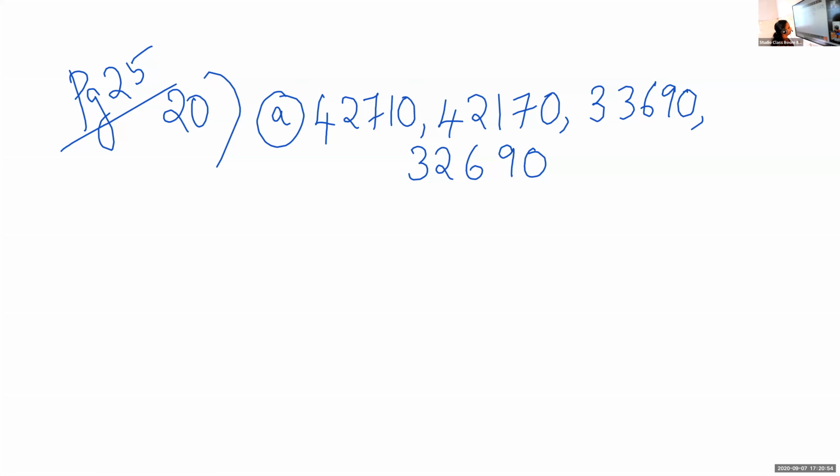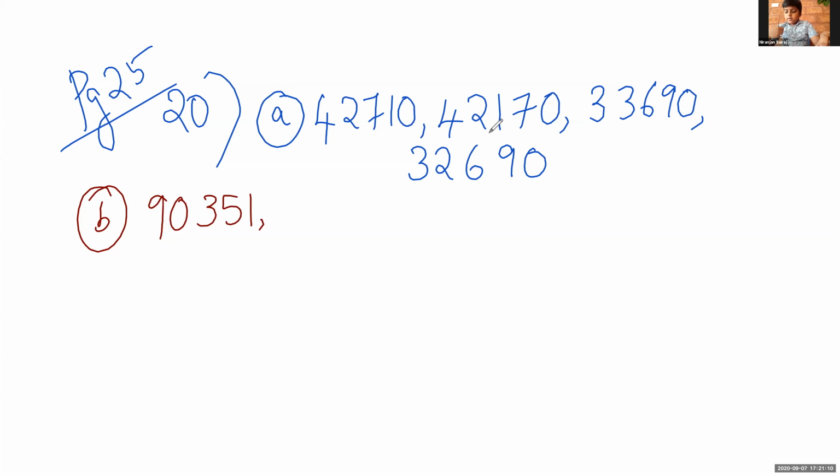Niranjan, can you tell me B? Question number B. 90,351. Very good. How to read this number? 90,351. Very good. So here also all the numbers have 5 digits. Next number? 88,651.